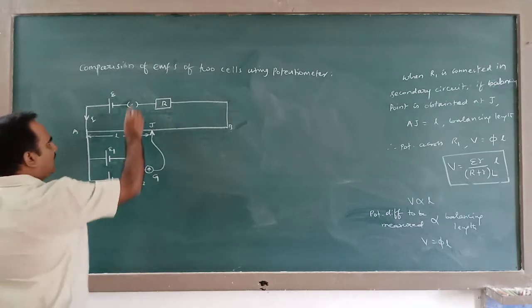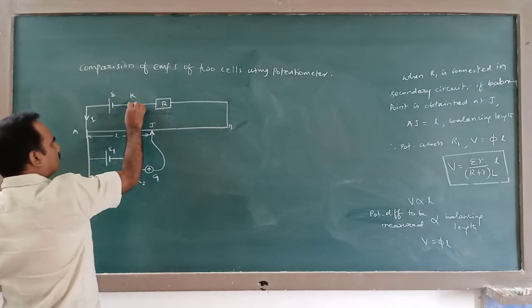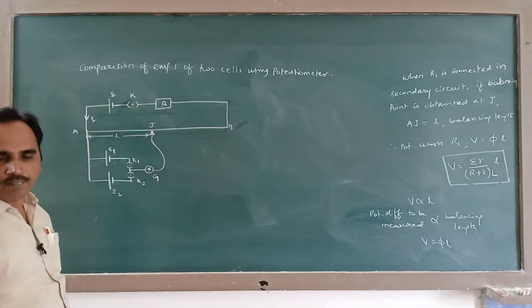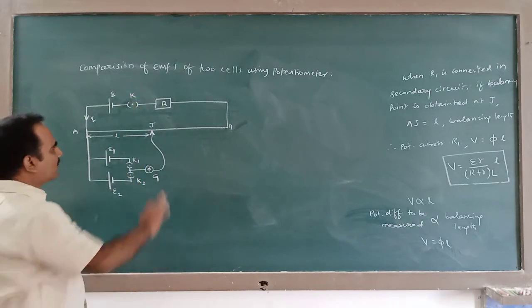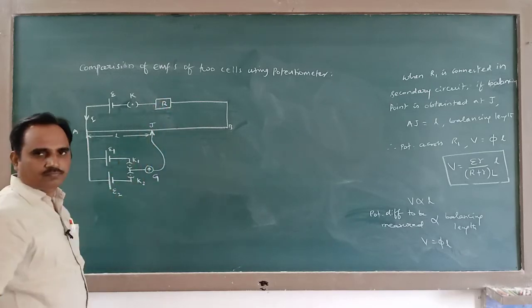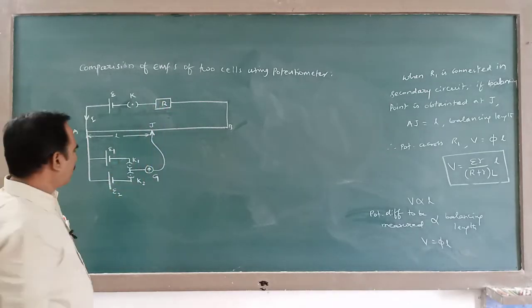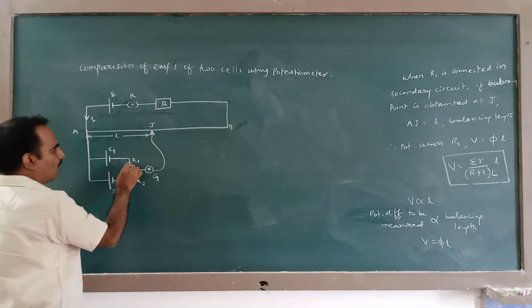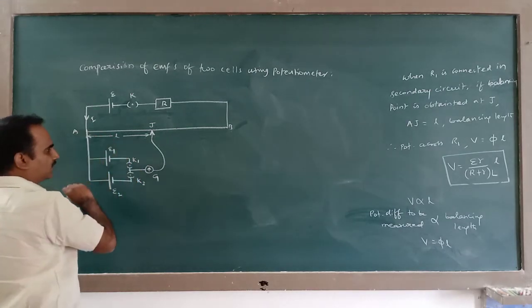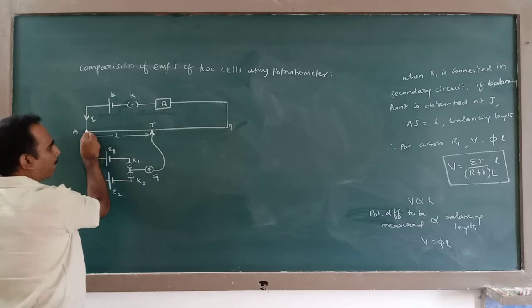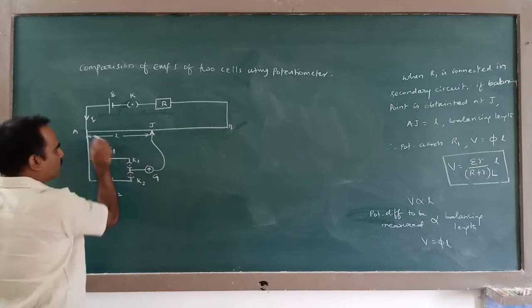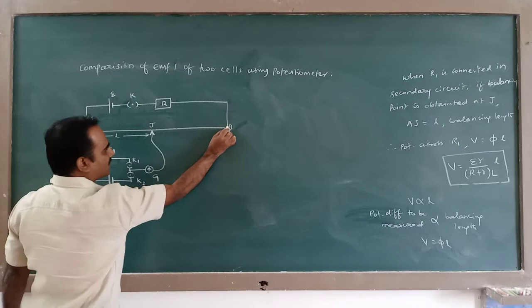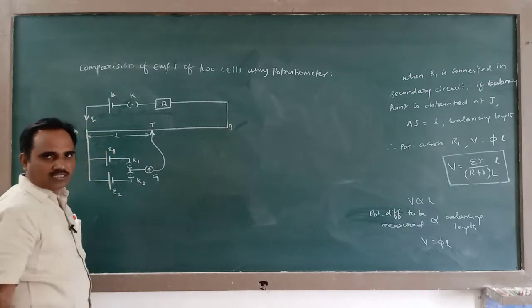First, you close this key K. You unplug some suitable resistance here. Next, you close this key K1 and check the circuit for opposite deflection. That means if you press here, the deflection in the galvanometer must be on one side, and if you press there, the deflection must be on the other side.